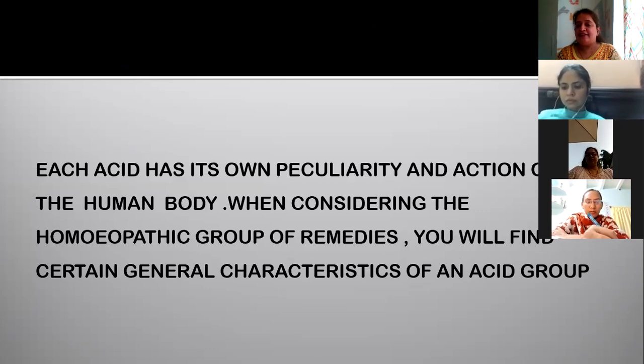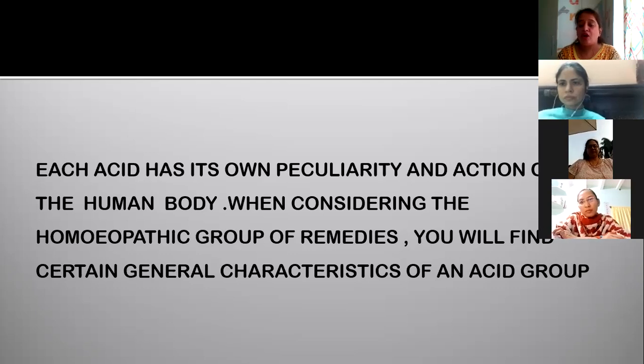Each acid has its own peculiarity and action in the human body. When considering the homeopathic group of remedies, we will find certain general characteristics of an acid group. Now, what is the need of grouping the remedies, the acid group? So, the reason for grouping: say there is a library.